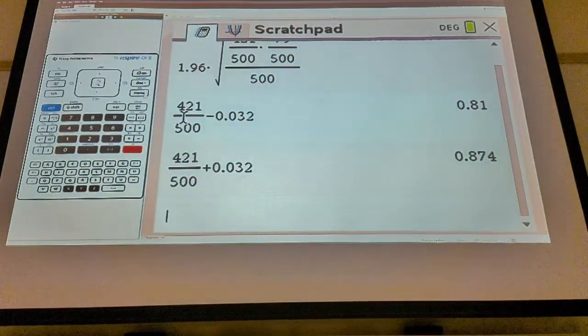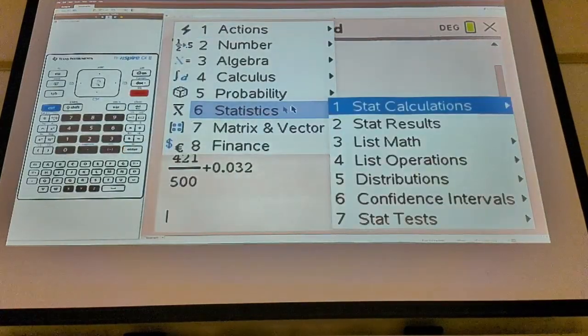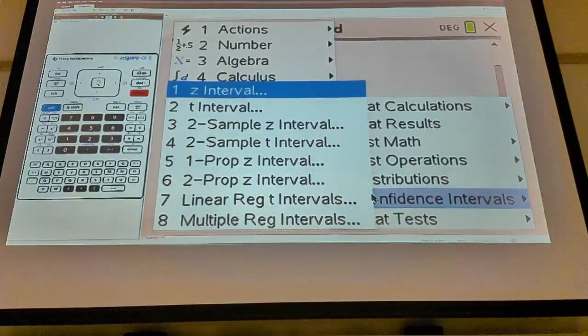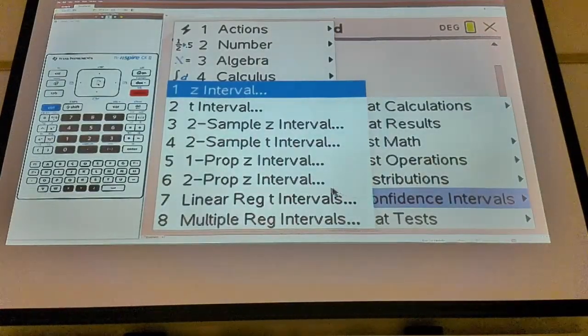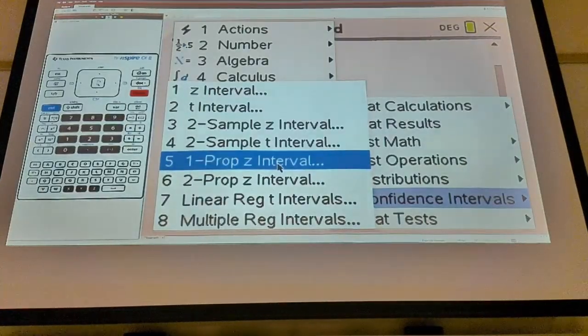So again, you can do confidence intervals for proportions on your calculator. For the one that I recommend: Menu, Stat, Confidence Interval, and 1 Proportion Z Interval. You'll deal with 2 if you take Stat 2, I'm sure.